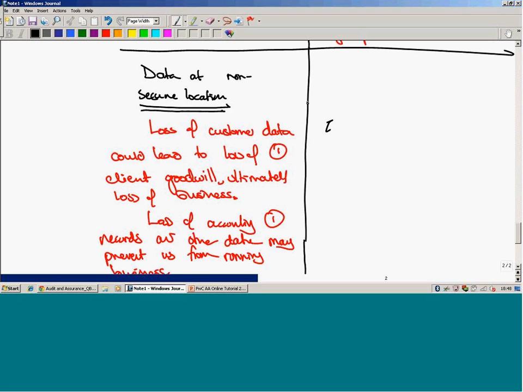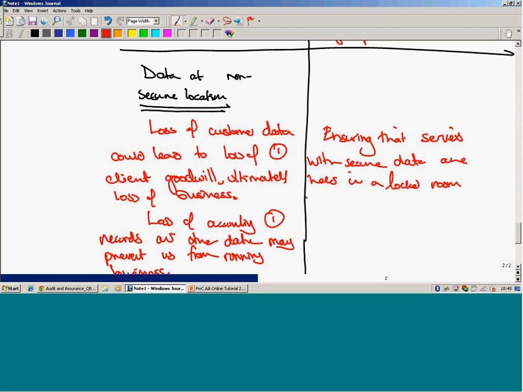What here is ensuring servers with data are held in a room with access control, so not anyone can get in the room and start messing about on the computers.